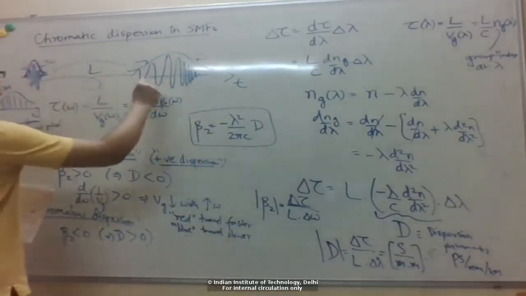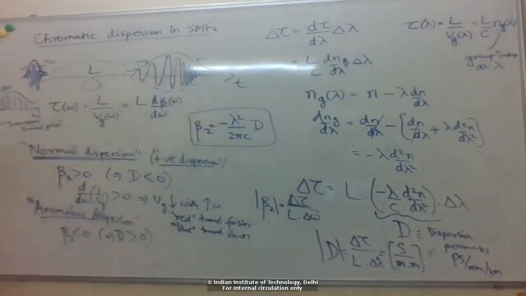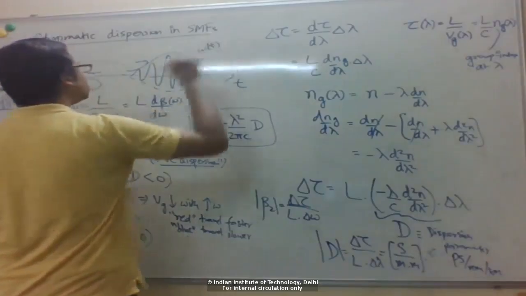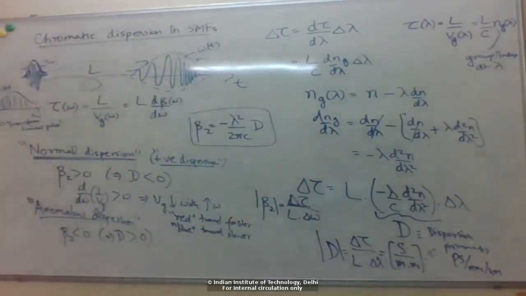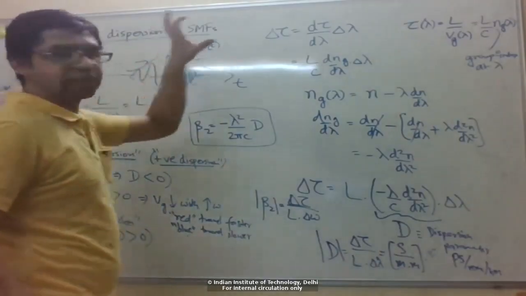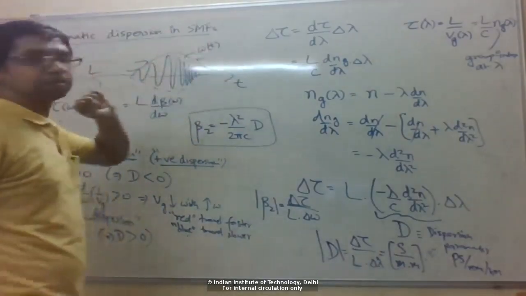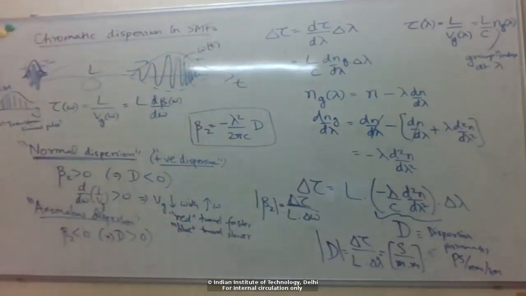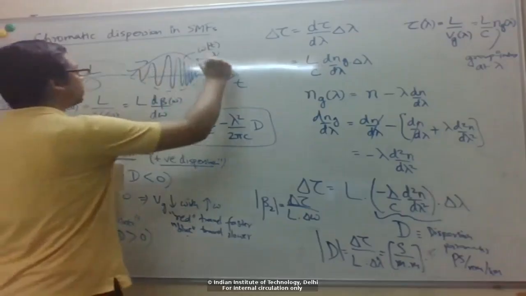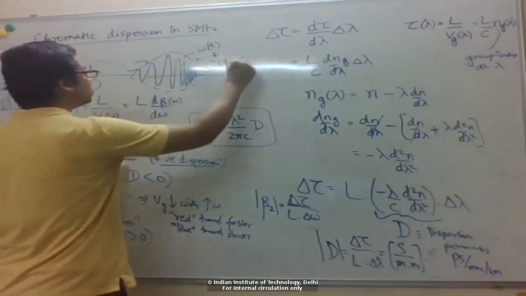The pulse at the receiver end looks like that. So the instantaneous frequency is now a function of time, and that will show up in the phase of the pulse. This time-dependent instantaneous frequency is known as a chirp.